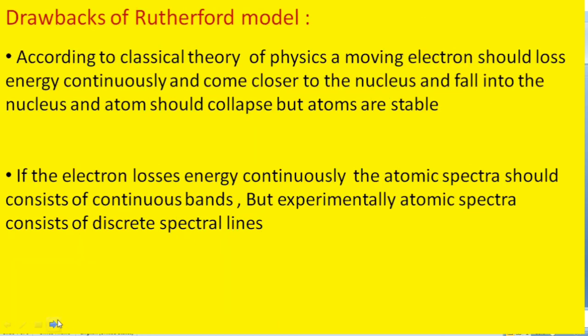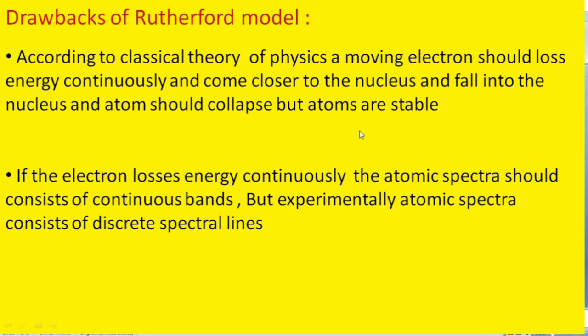Next, drawbacks of the Rutherford atomic model. According to the classical theory, we know that moving electrons should lose energy continuously, come closer to the nucleus and fall into the nucleus. Then when it falls into the nucleus, the atom should collapse, but practically it does not collapse. It is stable.